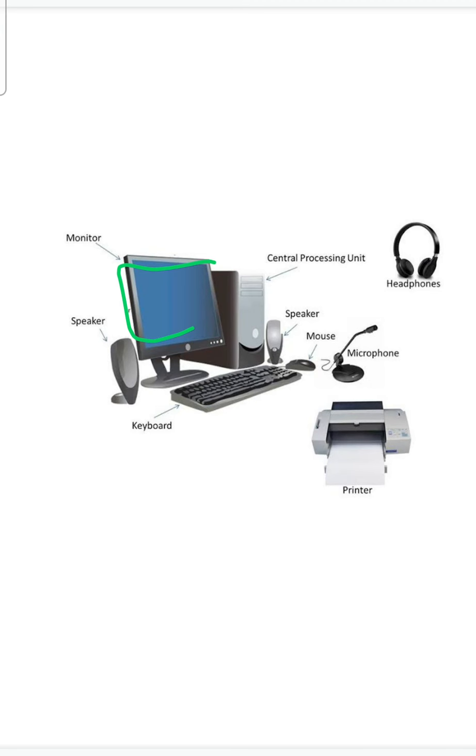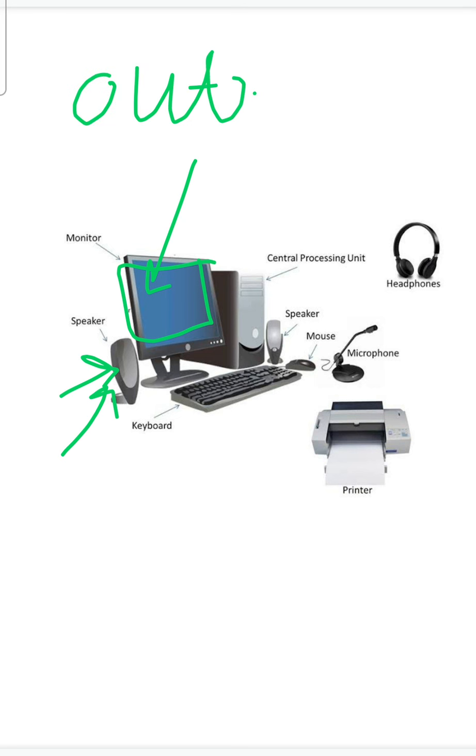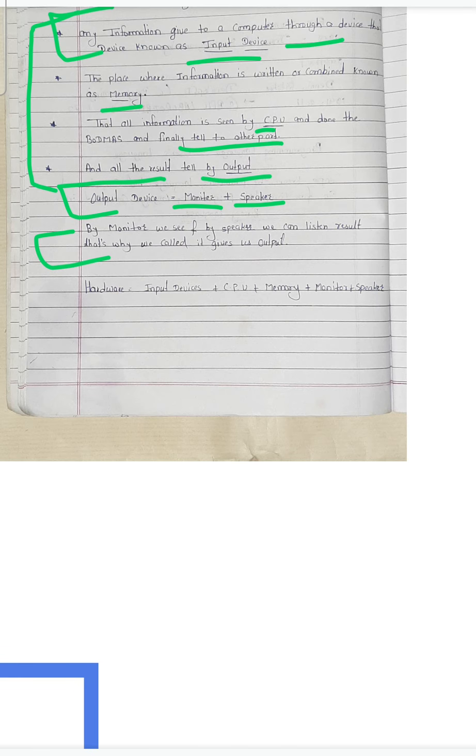This is our monitor and this is the speaker, by which we can see and by which we can listen. That is nothing but output devices. So by monitor we see and by speaker we can listen to results. That is why we call it the output. Hardware examples are input devices, CPU, memory and monitor, and also the speaker, etc.